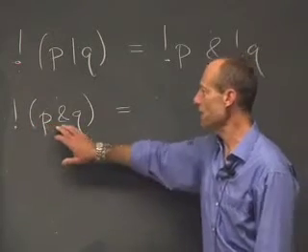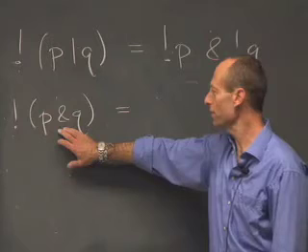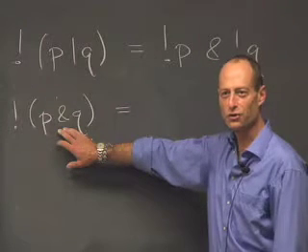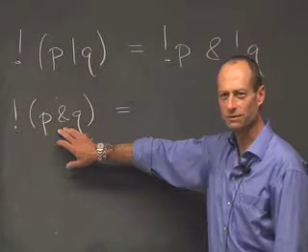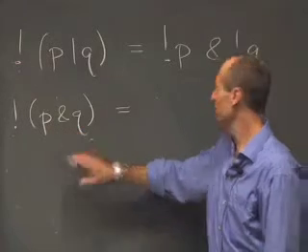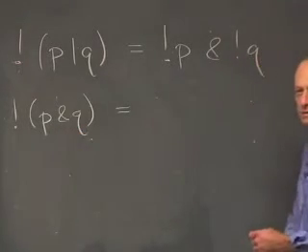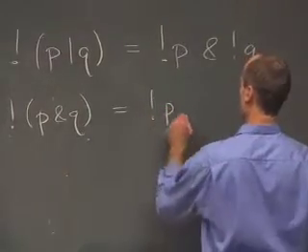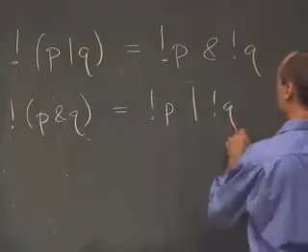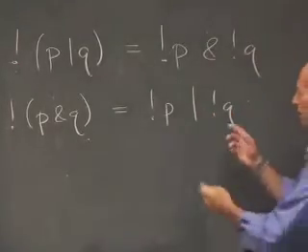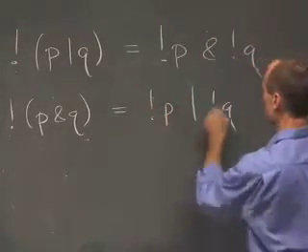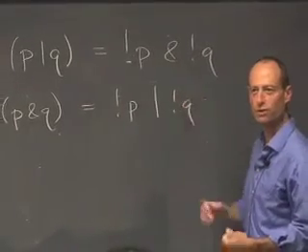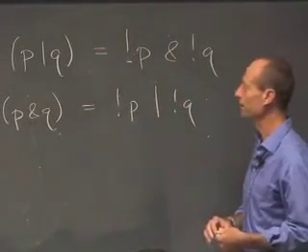So the negation is going to be false when they're both true, and true if either of them is false. So that looks like not P or not Q. And there's sort of parens around this, except that negation takes precedence over these other operations, so we don't need to do that.